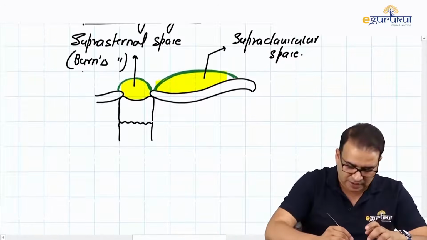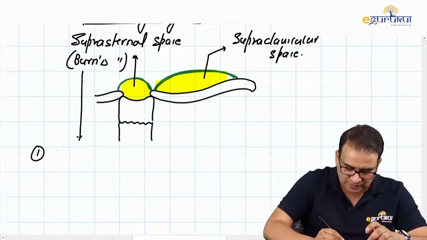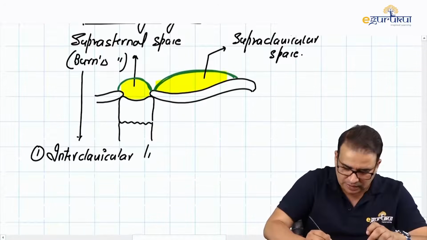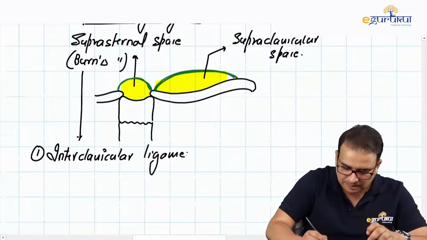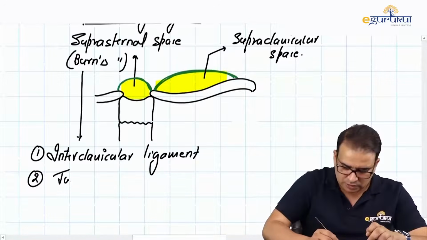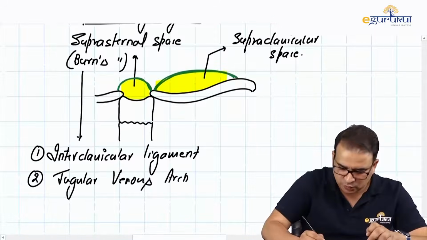So if I write it here, the contents of the suprasternal space go like this. Number one, the ligament: the interclavicular ligament. Number two, the jugular venous arch. What is the jugular venous arch?